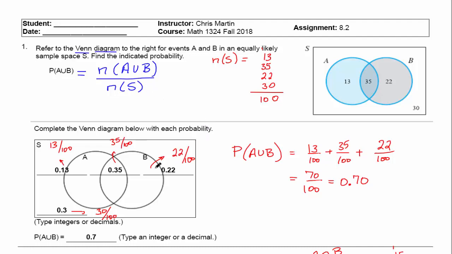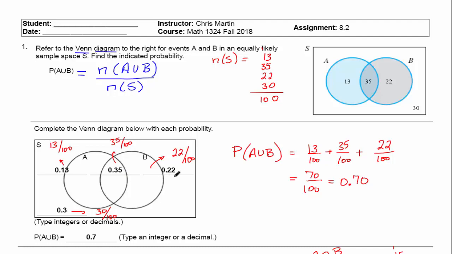Well, let's see. Looking at this diagram here, where do we get the 0.13? A has 13 in it, so 13 out of 100. This was 35, and so that came from 35 over 100.